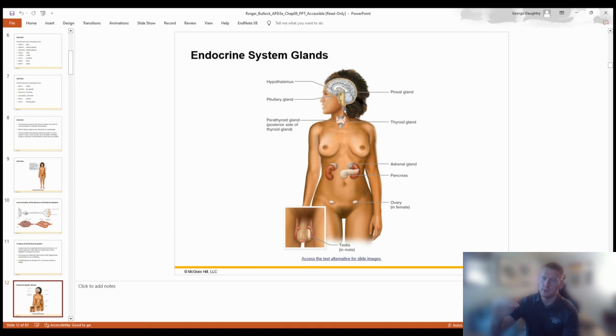Now we're at the thyroid gland, which is right at the bottom of the neck, right? And then we communicate further downward. The adrenal glands are right on top of the kidneys, and they are responsible for epinephrine, norepinephrine, and cortisol. And then we also have the pancreas, which of course produces insulin and glucagon, very important for blood sugar control.